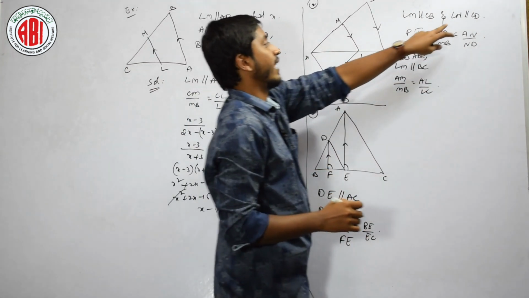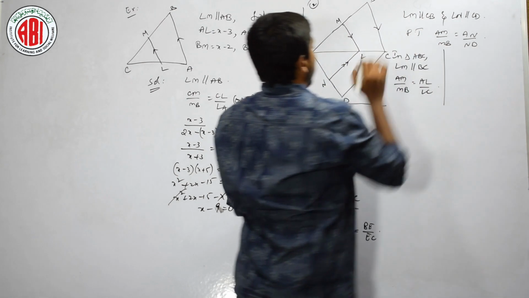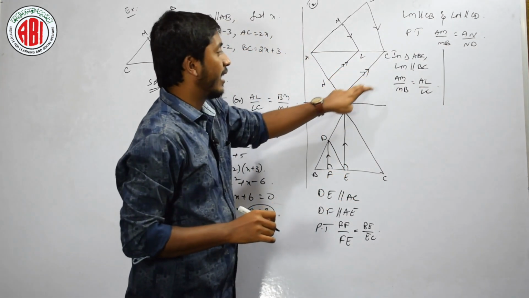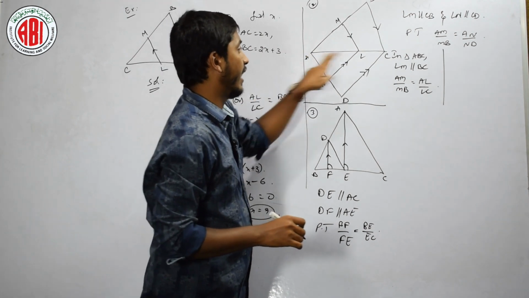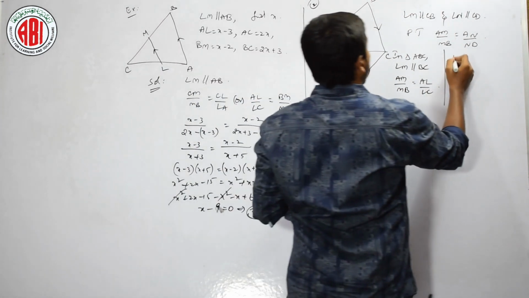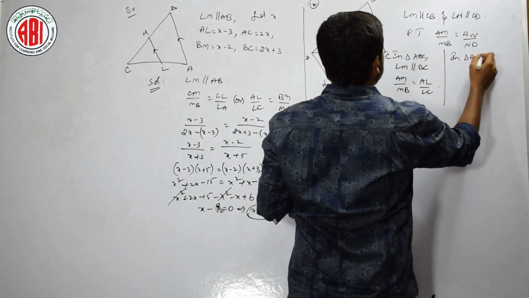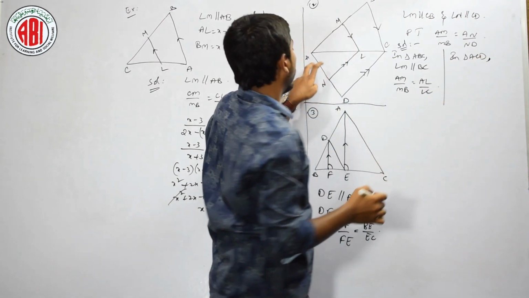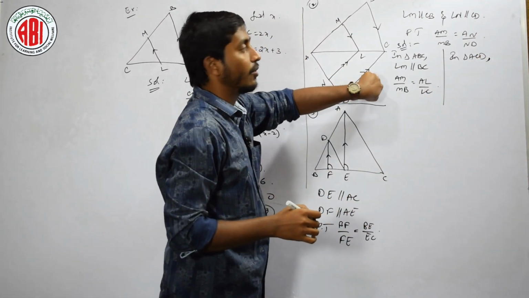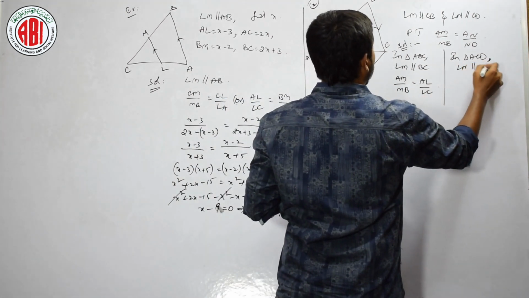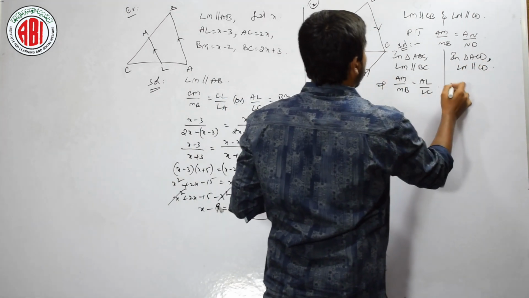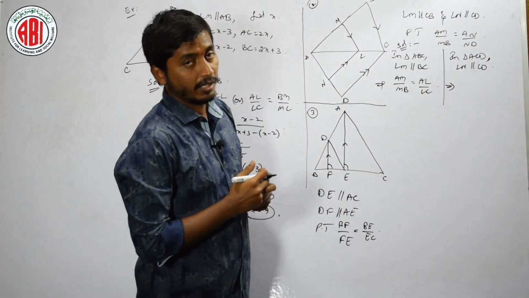Now let us take the second condition. LN is parallel to CD. This is in the bottom triangle, triangle ACD. What is the condition? LN is parallel to CD. Then what do we have to write?